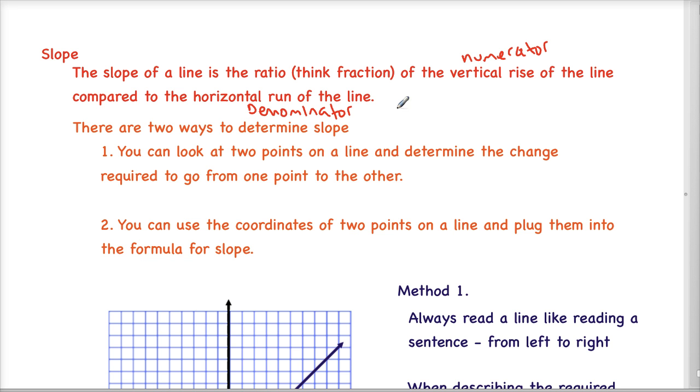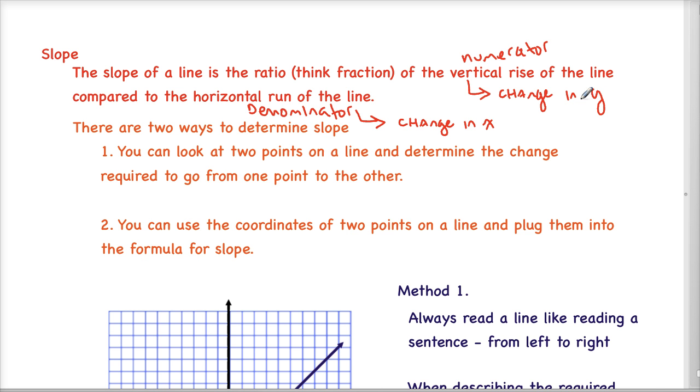And so when I'm comparing that, the vertical rise, another way to say that is going to be the change in the y coordinates or along the y-axis, or change in y. And then the horizontal run, when we think about the way that a horizontal change occurs, that's going to be the change in the x coordinates, right?